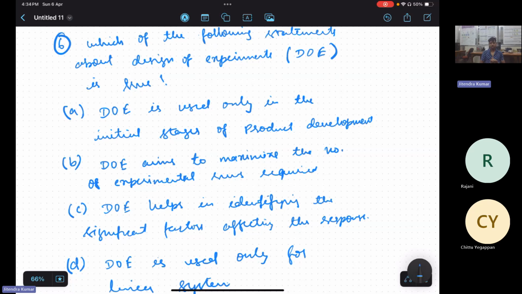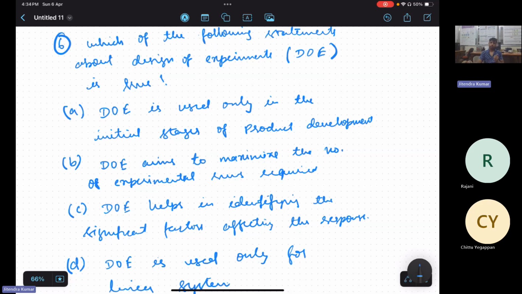Let us focus on the first option, that DOE is used only in initial stages of product development. So it should not be correct, right? Because it is also used in the final stage. If any factor is affecting the performance during the final test, then this design of experiment is very helpful.